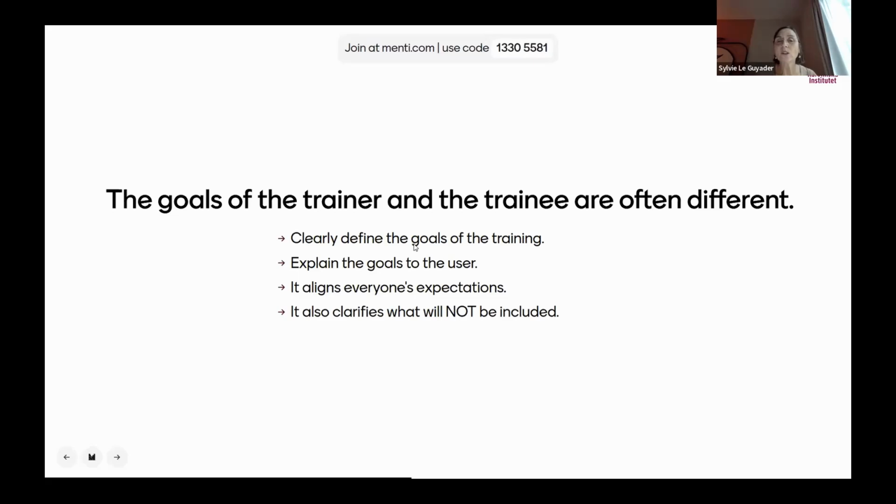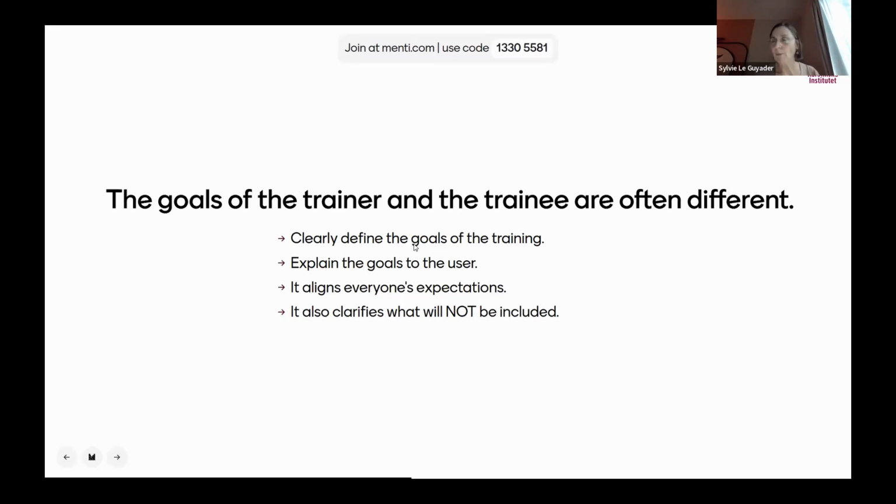And it has also the great advantage that it clarifies what is not included in your training. It is completely up to you how you design your training, and pretty much no two trainings are the same across different facilities in the world. But it is important then to know that in your facility, you might want to say, I do not want to know about sample preparation, for example.